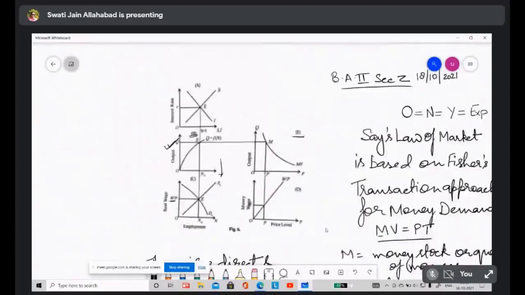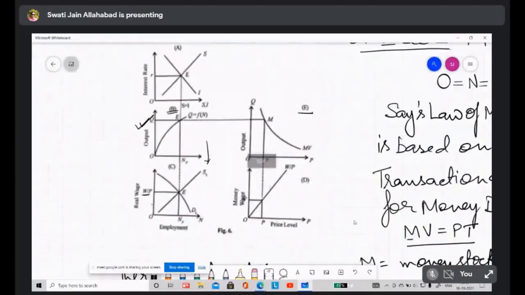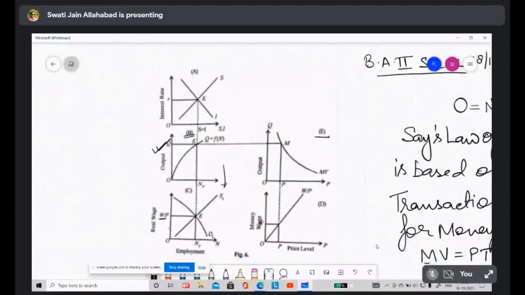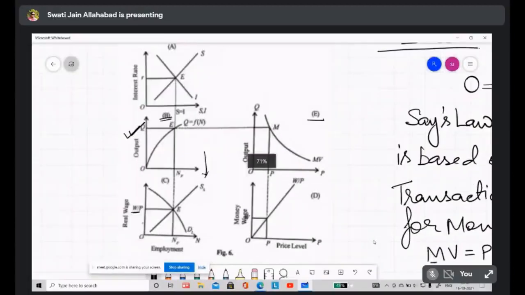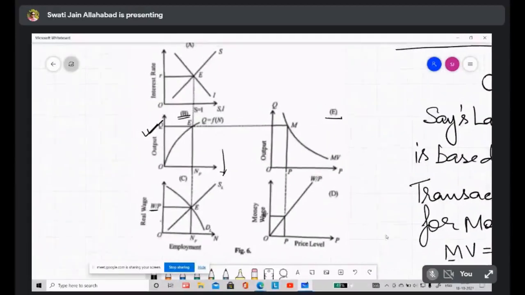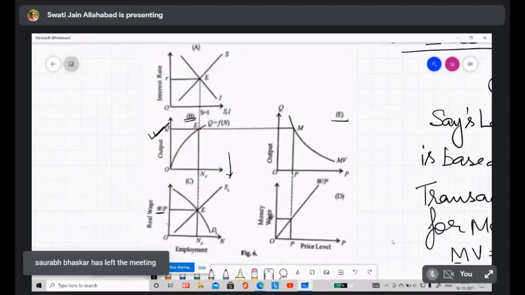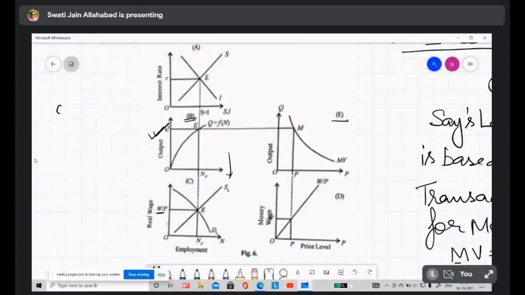and interest rate. So if you see this diagram, I hope you all are able to see this. Yes, ma'am. Okay, so this diagram is the complete classical system.